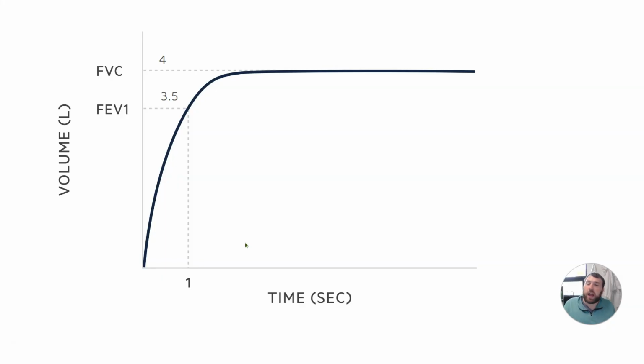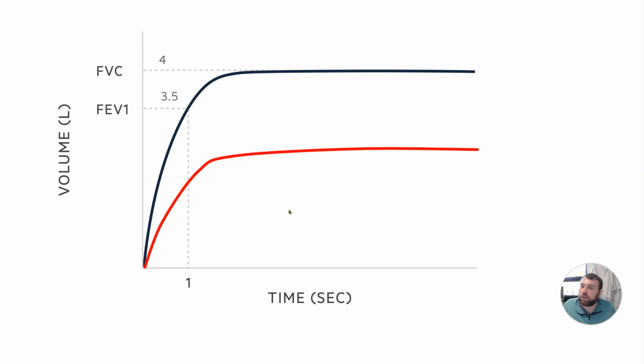However, sometimes you'll have patients that are a little bit abnormal, and I want to show you one example here in red. Notice that when I asked this patient to breathe out as quickly as possible, they had a hard time getting as much air as they should out of their lungs, and they had a hard time getting a lot of it out in 1 second.